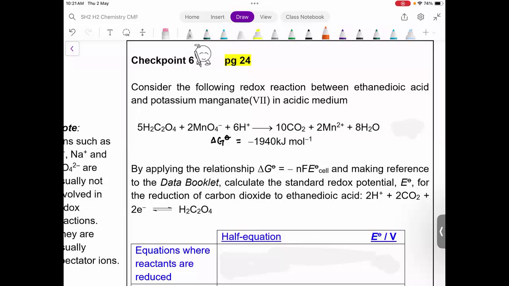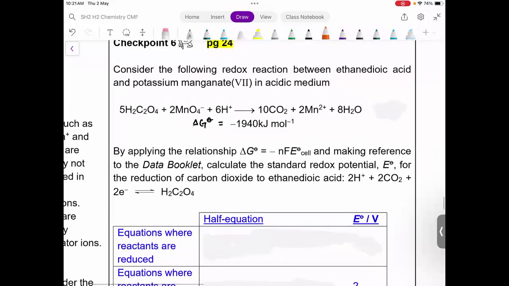Oh, can I go through the answer? Are you ready? Okay, we'll discuss the physics later on. So let's look at this. Delta G is per mole of written equation. So the delta G of this reaction involving 5 moles of ethanedioic acid and 2 moles of manganate is negative 1940 kilojoule per mole.